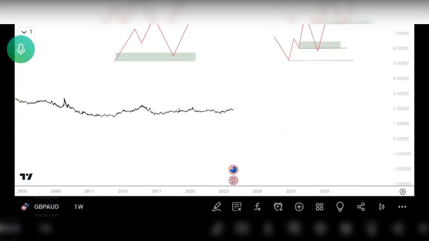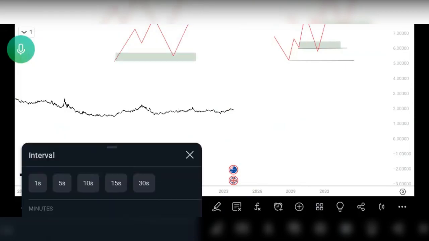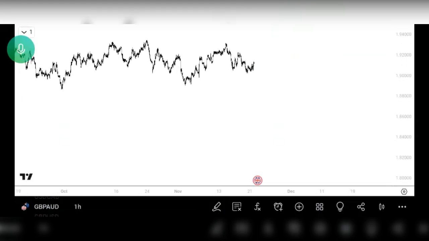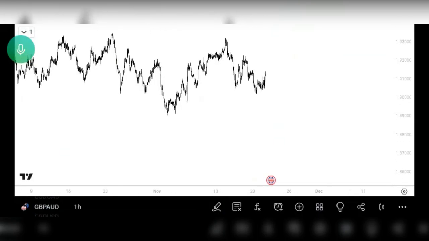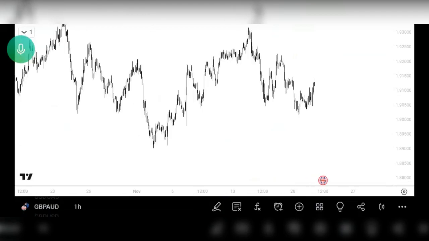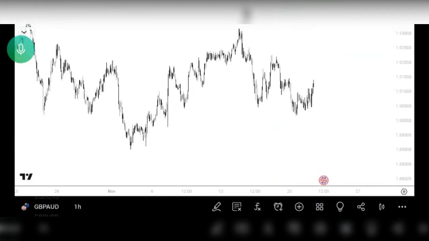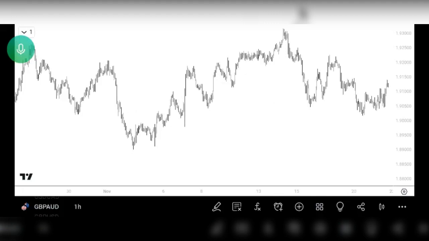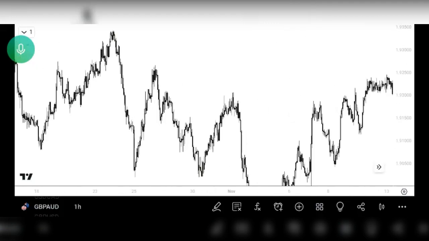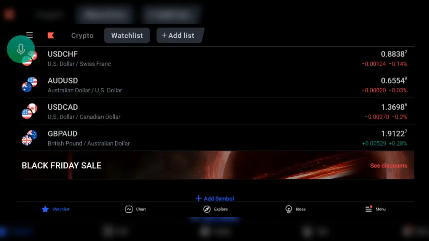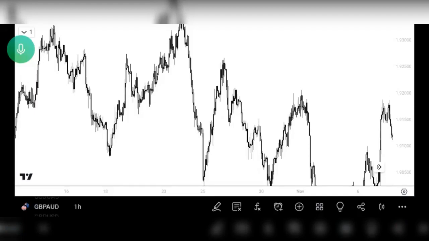Now let me show you a quick example. I pray I am able to get a very fine example on this particular pair. I hope I do. Let me see. This is GBP. I don't know.